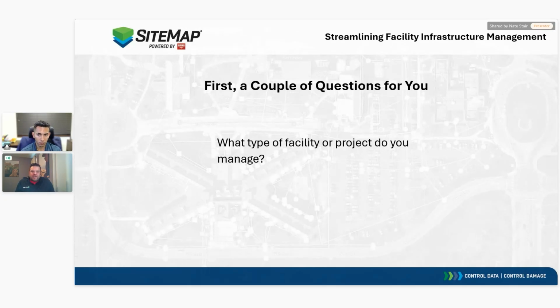The second question here is actually going to be a little poll. So up in the middle section, you'll see chat, and right next to it, you'll see a little prompt pop up. But what type of facility or project do you manage? We'd love to know where the audience is at.